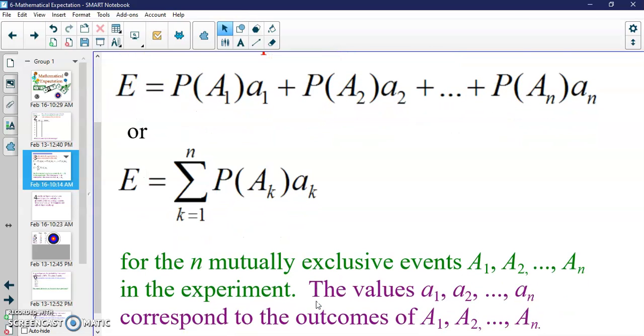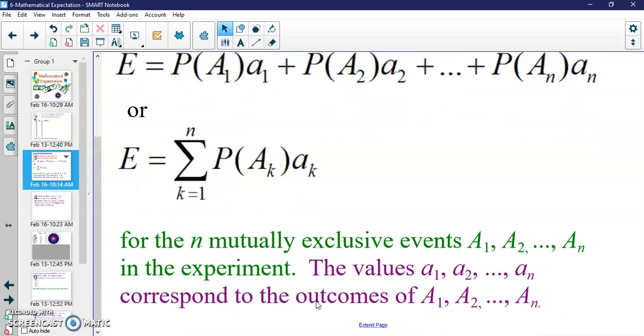So again, n, some mutually exclusive events denoted by the capital letters a sub 1 through a sub n. Again, n is how many events we have in our experiment, and then the lowercase number values in our equation represent the numeric values of our different outcomes in our experiment.